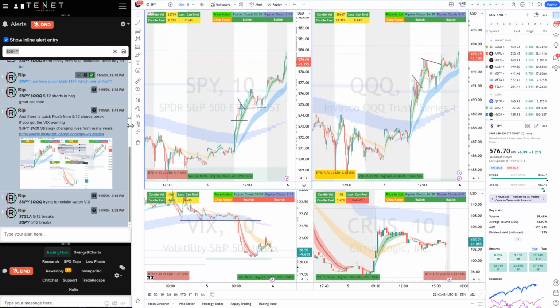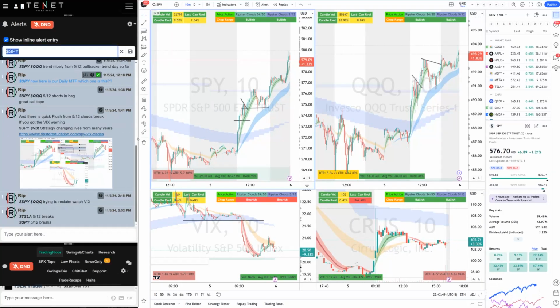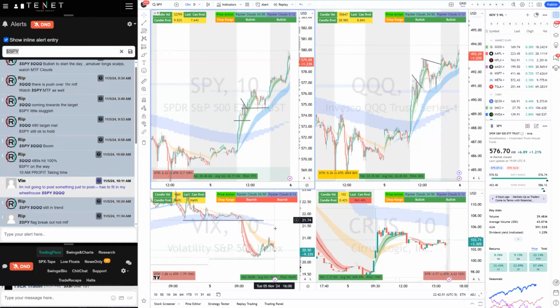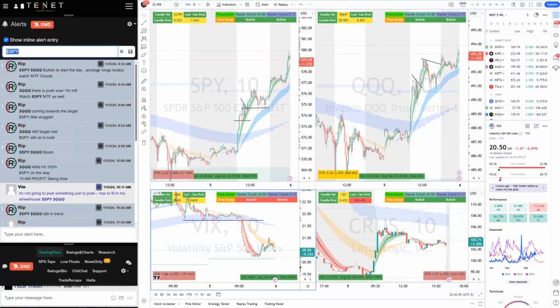As soon as the market opened, I saw the strength in the SPY, and I saw that VIX, right, the VIX strategy. The VIX is dropping. So that's why I told everybody: long scalp, SPY QQQ, both bullish, watch the MTF clouds, and that's what we got. We got an MTF breakout on SPY and an MTF breakout on QQQ. Our first target was 490 on QQQs, and then this 10 AM target on SPYs.